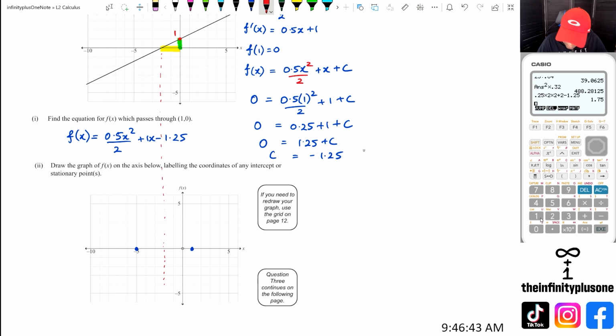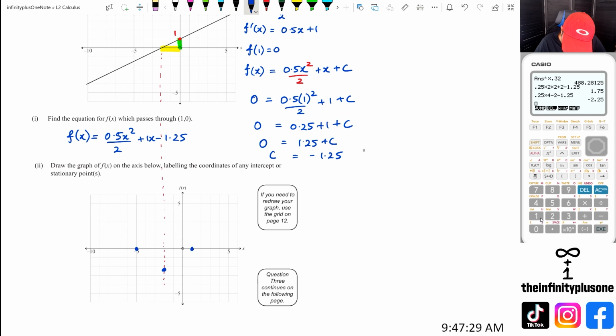Oh, I forgot something there, haven't I? Yep, I know what the mistake is. It's negative 2, not positive 2. So 0.25 times negative 2 times negative 2 is going to be 4, minus 2, minus 1.25. There we go. That gives me negative 2.25. So negative 2.25 is somewhere there.